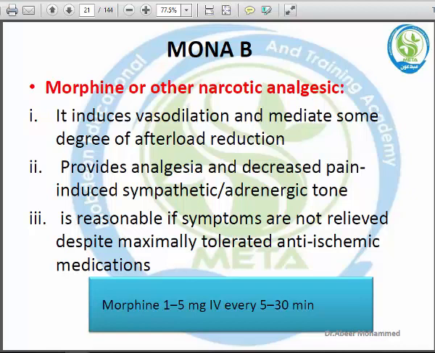The usual dose of morphine is 1 to 5 milligram IV every 5 to 30 minutes.